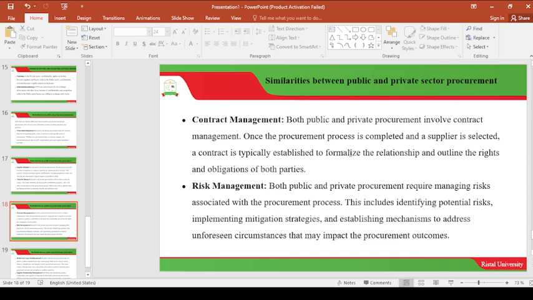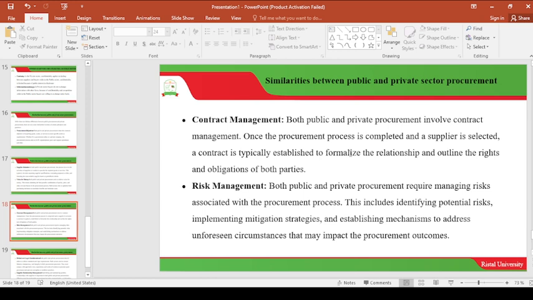So both in the public and the private sector, they need to monitor and manage the contract and review the performance of the contract, such that at the end of the day there should be work done rather than making a loss for the organization or the company.